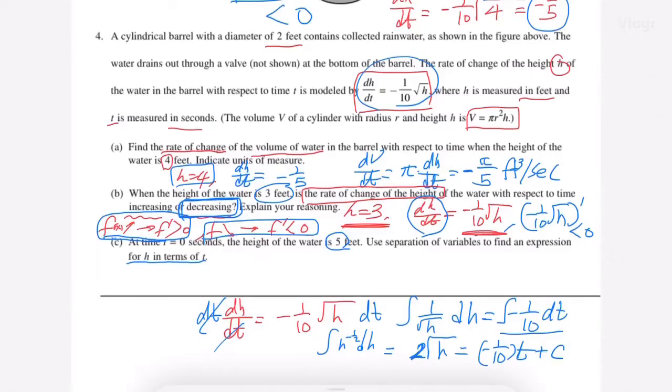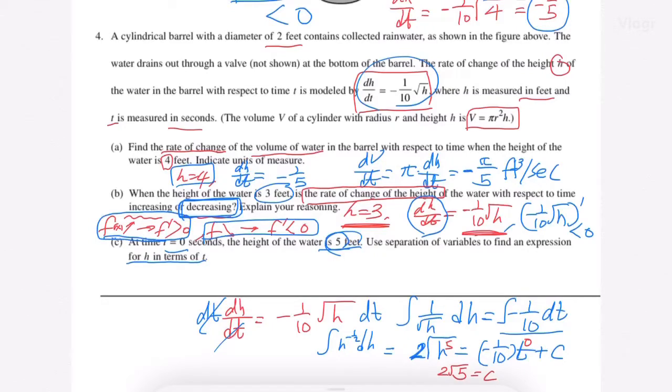Now we have no idea how to find c, but we know the initial height of water was 5 feet. At time t equals 0, the height of water is 5 feet. That means when t equals 0, h is 5. So plug in those numbers, 0 for t and 5 for h. So 2 root 5 is equal to c.